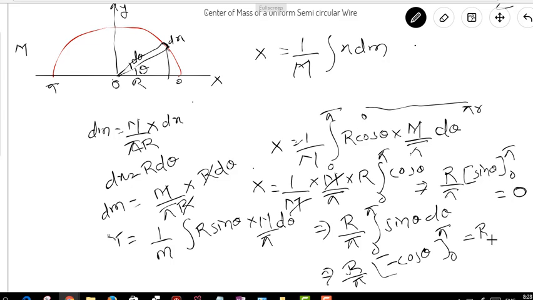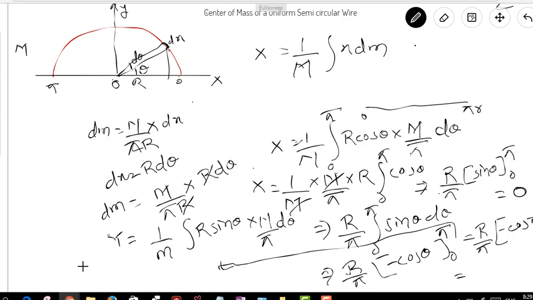So this will become r by pi times minus cos pi plus cos 0. Let me write this again.